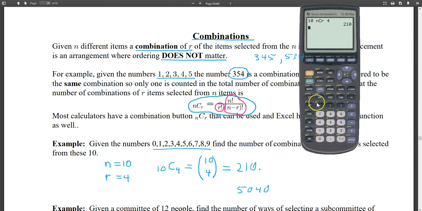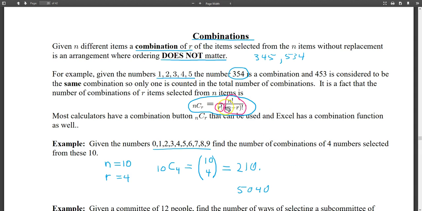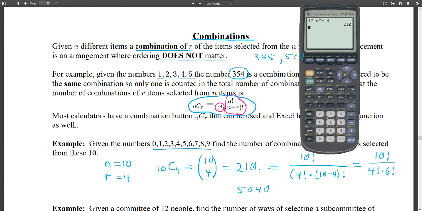And of course, you could evaluate this using the formula up here as 10 factorial divided by 4 factorial times 10 minus 4 factorial, which is 10 factorial over 4 factorial times 6 factorial. And if you evaluate this on the calculator, you will get 210. Let's just do that quickly.